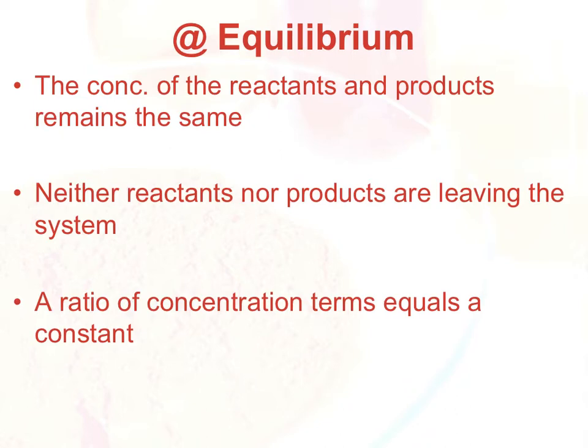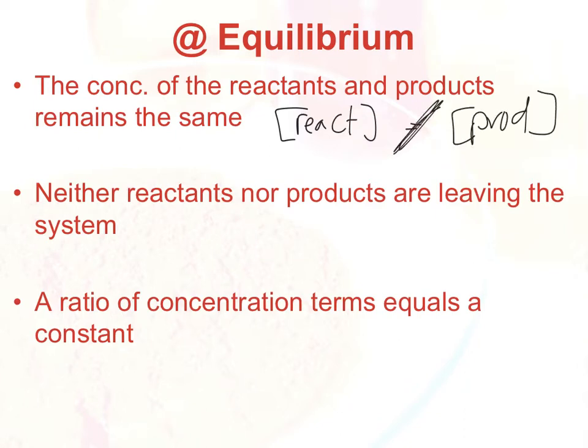Now, this is not to say that the concentration of reactants and the concentration of products are equal. At equilibrium, the concentrations of the reactants remain the same, but that does not mean that the values of those concentrations are equal. So make sure that you get that into your head. Now, neither reactants nor products are going to be leaving the system that has reached equilibrium.